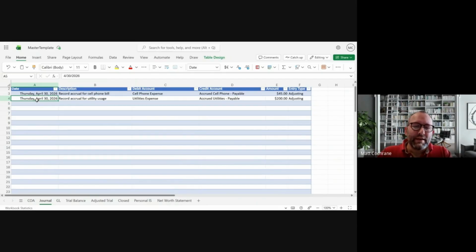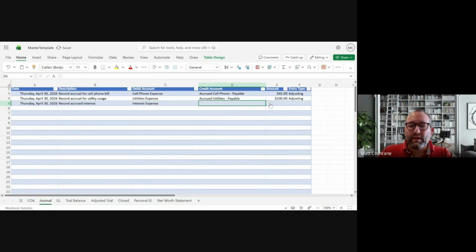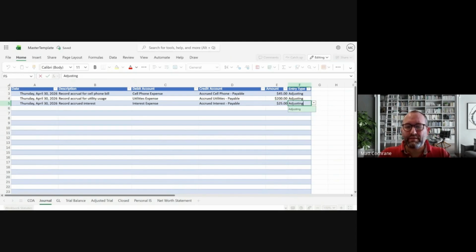So again, the date is the same, record accrued interest. It's an interest expense. And it's accrued interest payable. Okay, and the amount here was $25. Adjusting.